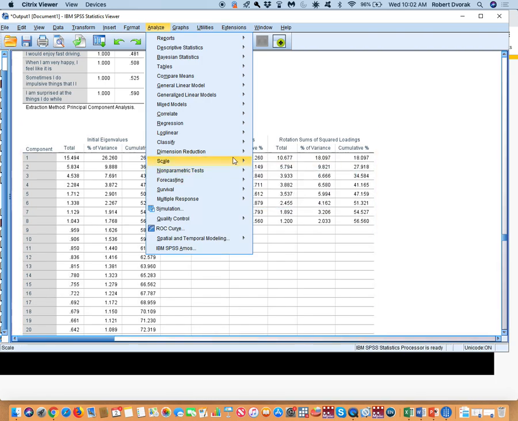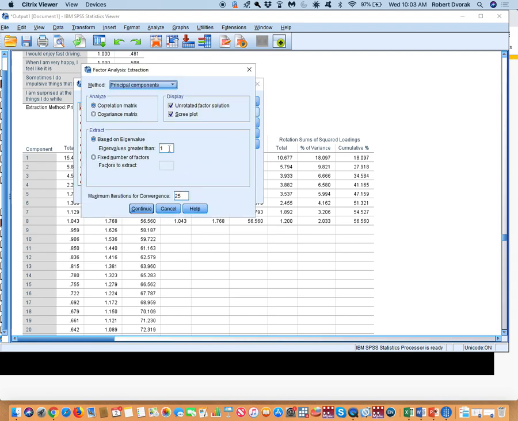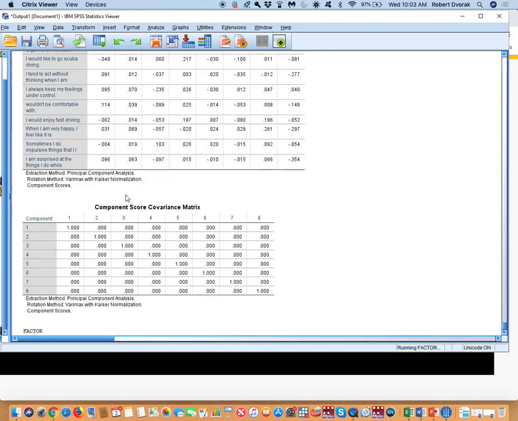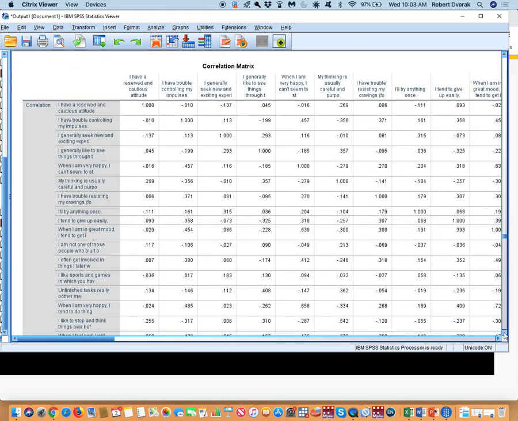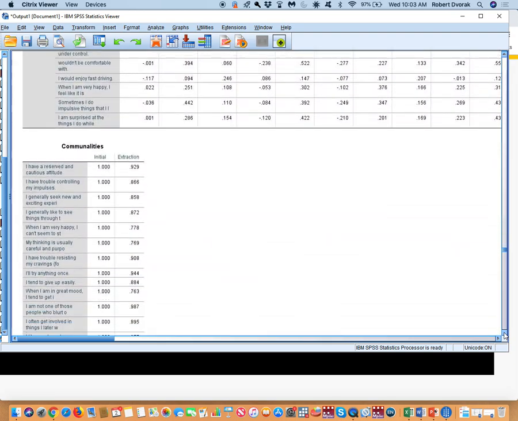I'm just going to change one small thing. Instead of eigenvalue of 1, let's do eigenvalue of 0.5. That will allow us to take a look at what the next highest eigenvalue is in our rotated factors.